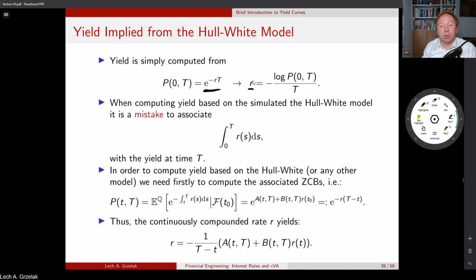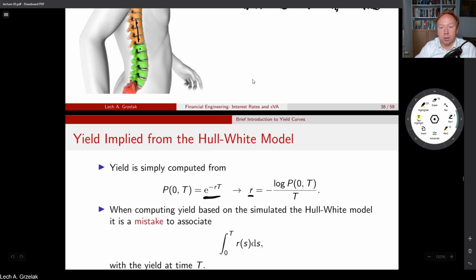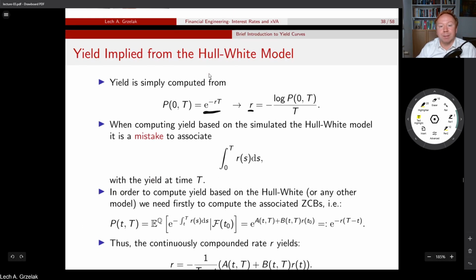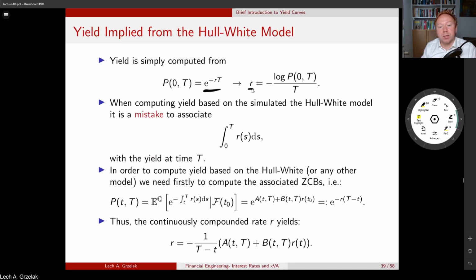So once we talk about a yield curve, it is associated with pairs of points. We have already seen those T_i and the discount factors. However, once we talk about a particular yield, we can easily switch from zero coupon bonds to this r.